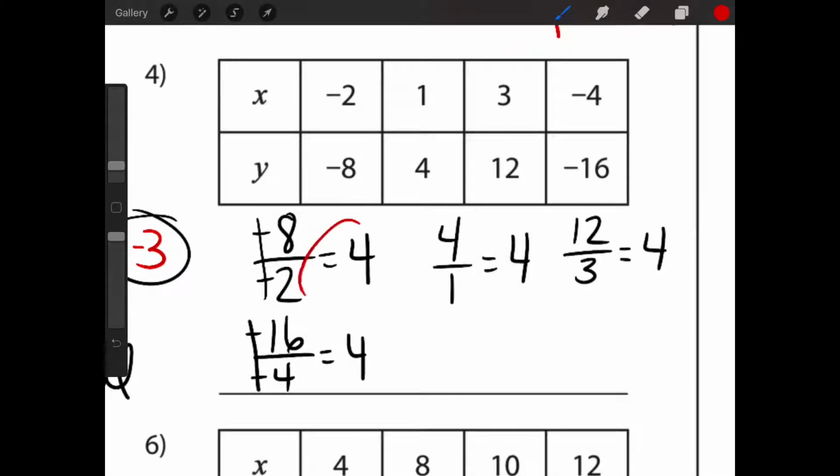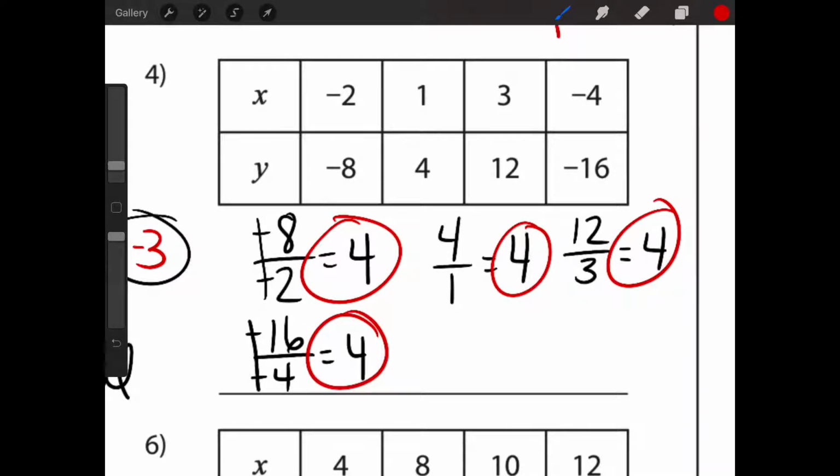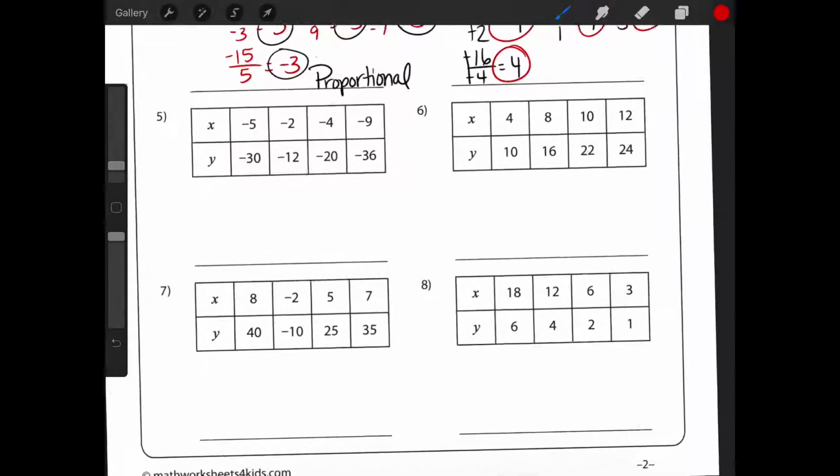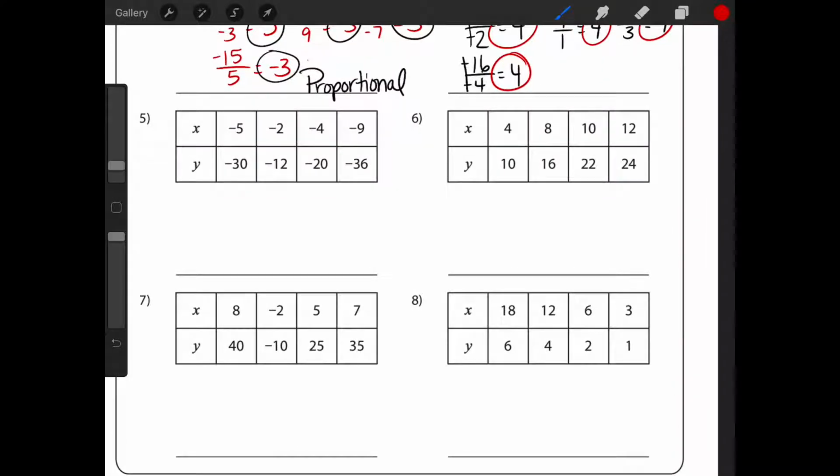So if all of my ratios of Y over X equal the same thing, there's a constant of proportionality. In this case, negative 2 times 4 is negative 8. 1 times 4 is 4. 3 times 4 is 12. Negative 4 times 4 is negative 16.